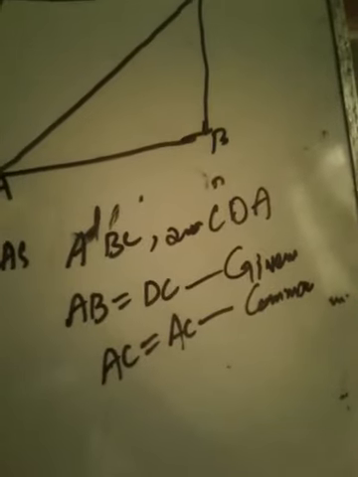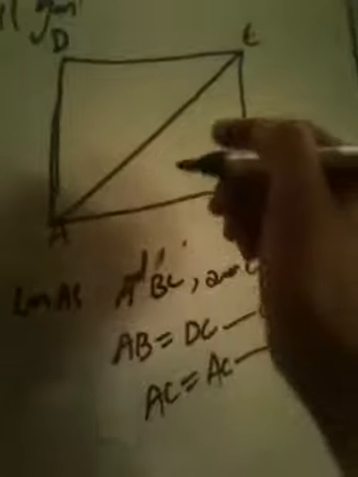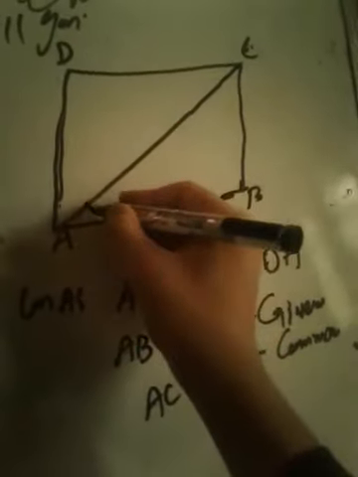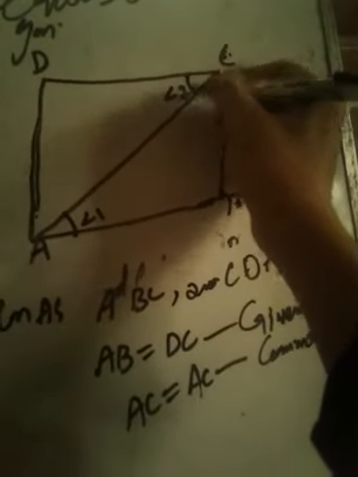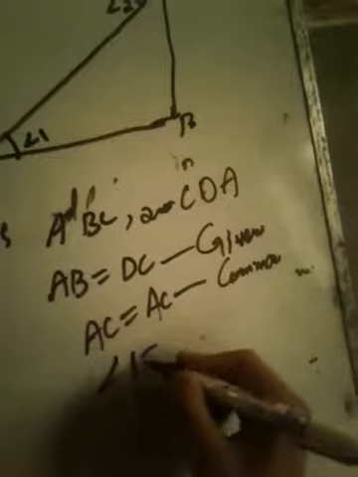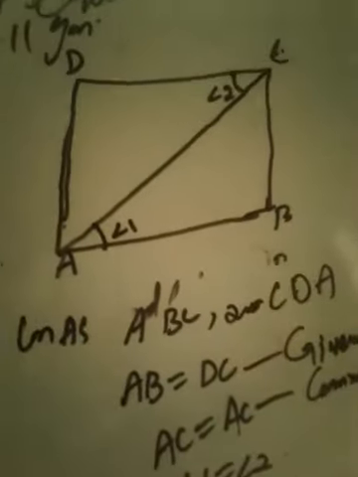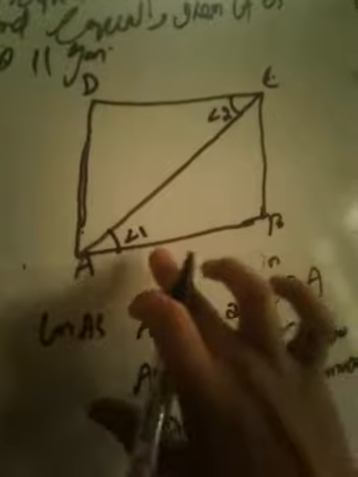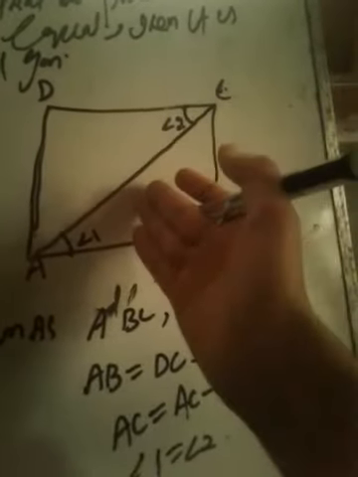Name this one angle 1 and this one angle 2. Angle 1 equals angle 2, why? Because these are alternate interior angles. How? Look, AB is parallel to DC and AC is a transversal.